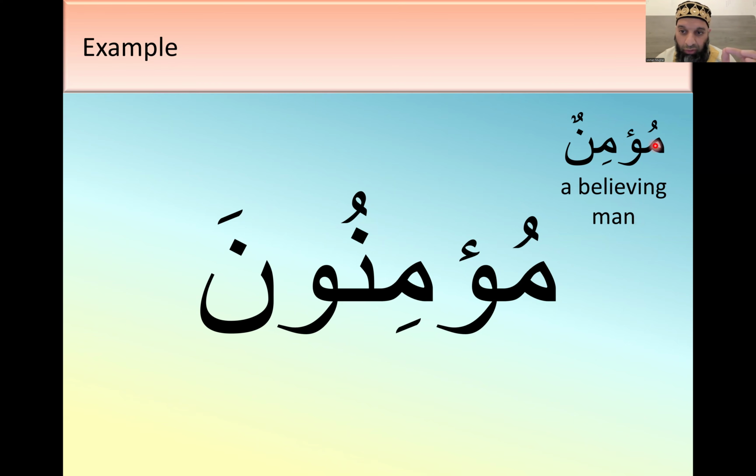Okay, good. So mu'minun, when you put an una on the end, it becomes mu'minuna, and una is the ending for plural. So it'll be the believing men. And plural in Arabic, remember, is 3 or more. That's not meaning 2. That's meaning 3 or more believing men.